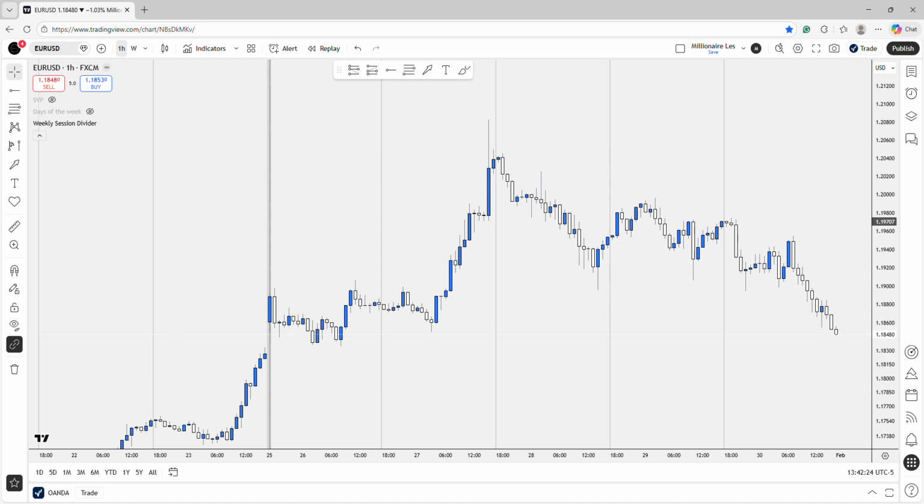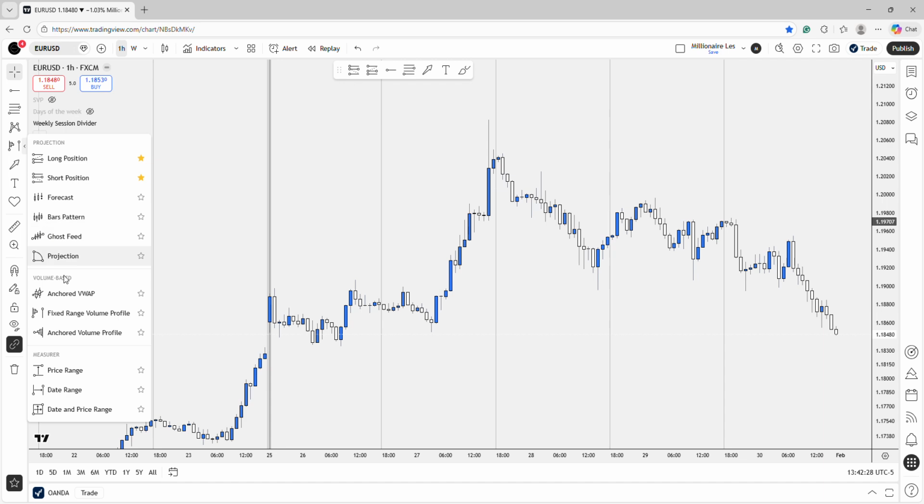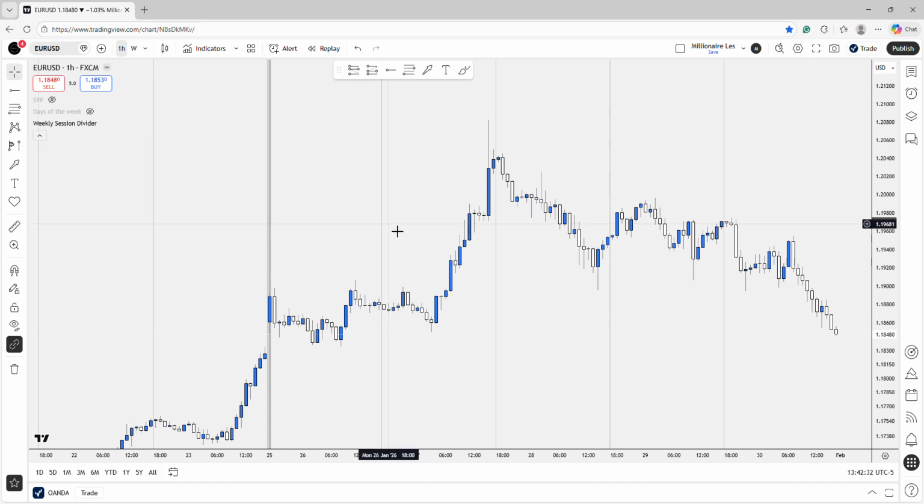All right. And then the last type of volume profile is the anchored volume profile. So I'm going to explain to you what it is, and I'm going to draw it on there for you. So the anchored volume profile is similar to the fixed range, but there's a key difference. The key difference is it starts at a specific event or price point and automatically extends forward.